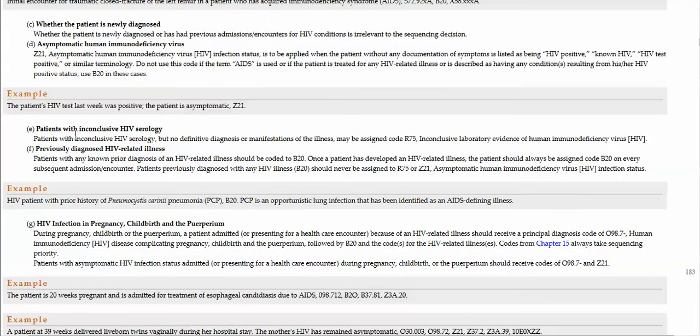Sometimes we have patients that have inconclusive HIV tests. So a patient with an inconclusive HIV serology, but they have no definitive diagnosis or manifestations of the illness, but the physician suspects that they have it, you can assign code R75, which is Inconclusive Laboratory Evidence of Human Immunodeficiency Virus.